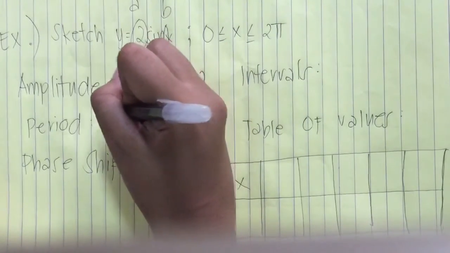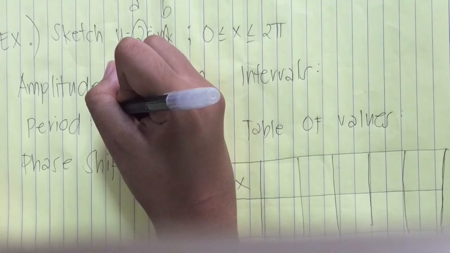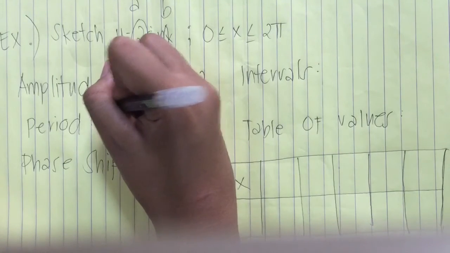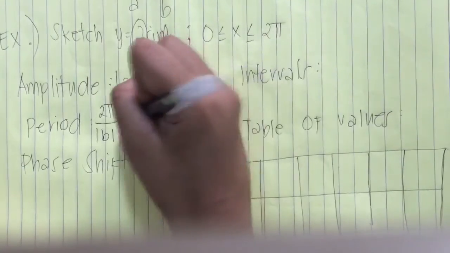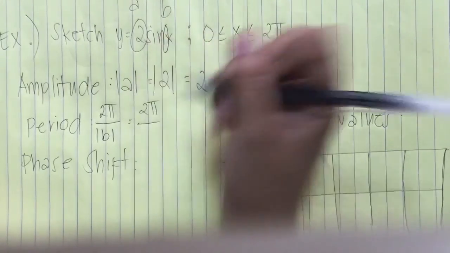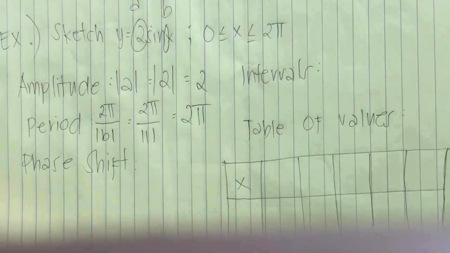Period. In order to find the period, the formula that we have to be using is 2 pi over the absolute value of B, which is 2 pi over the absolute value of 1, which is equal to 2 pi. Phase shift.